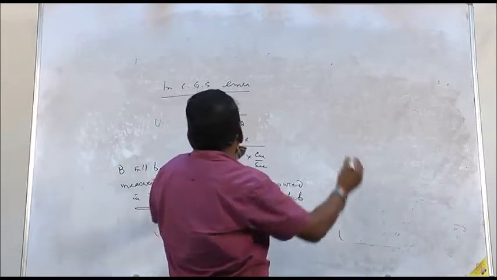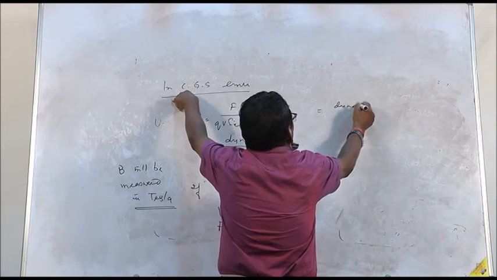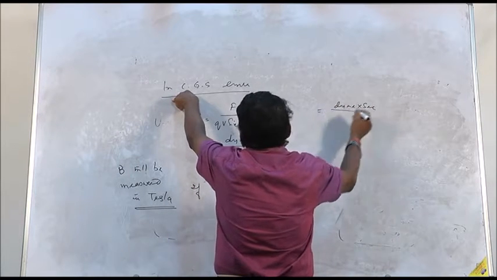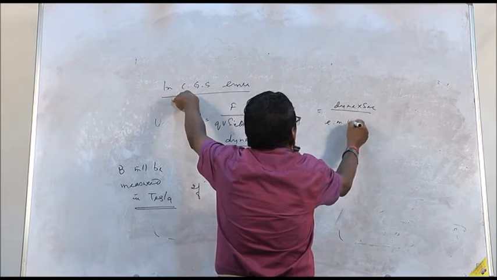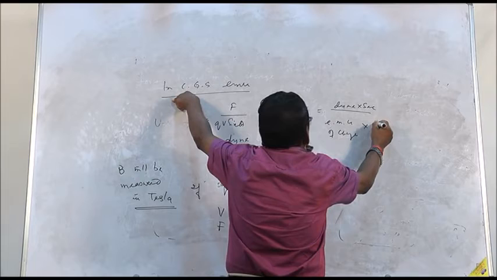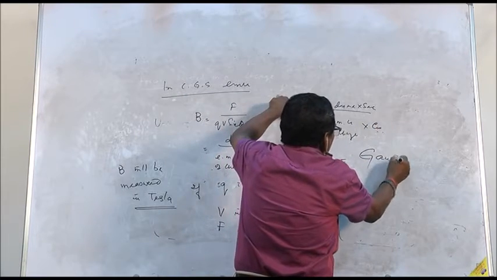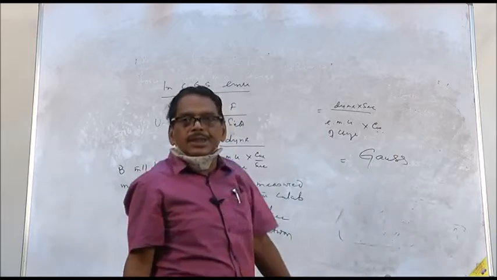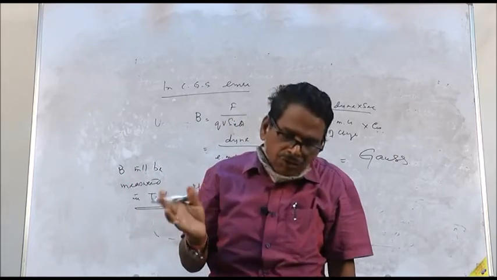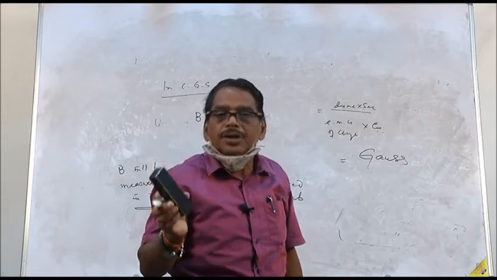So that becomes dyne into second by EMU of charge into centimeter. This is known as Gauss. So the unit of magnetic flux density in the CGS electromagnetic unit is Gauss. In the MKS system it is Tesla, in the CGS system it is Gauss.